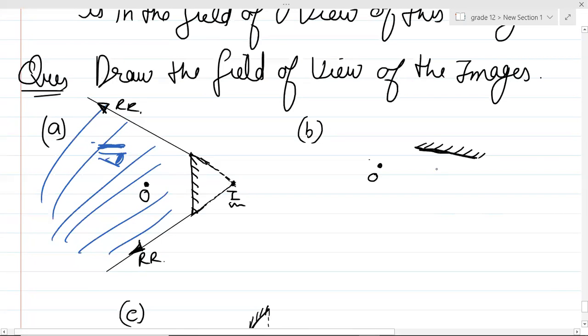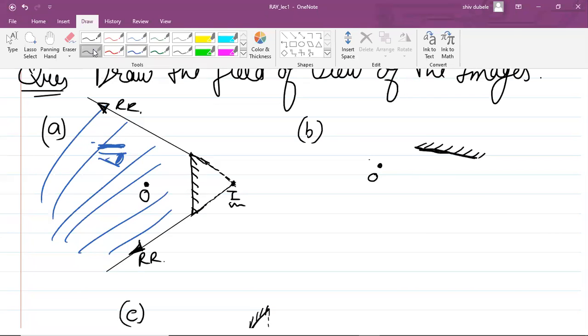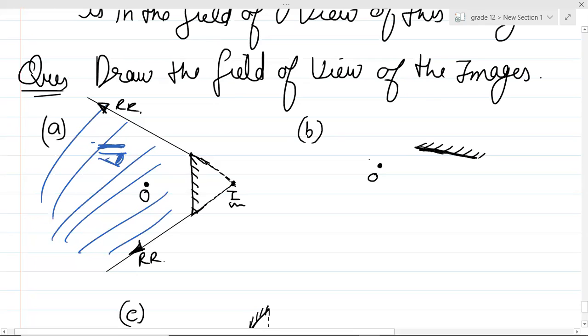Similarly, in this case, can anyone tell me where exactly will this image be? The mirror is not present after this particular point. Will the image be found? If the object is not present in front of the mirror, can you see over here, then will the image of this object form? No. Also, it will still form.